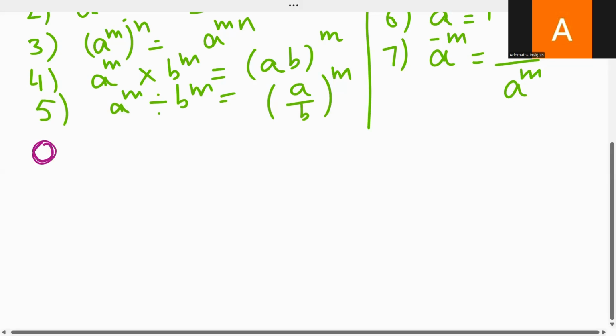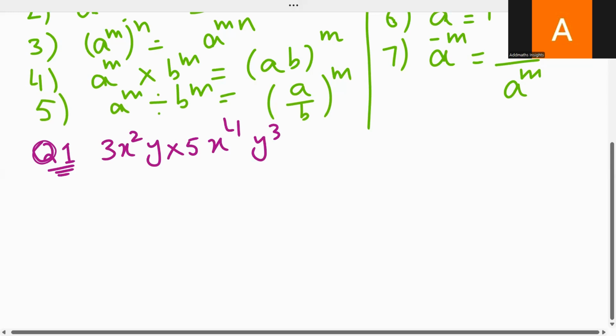Question number 1, or you can say example number 1. It's 3x squared y times 5x raised to the power 4 y cubed.